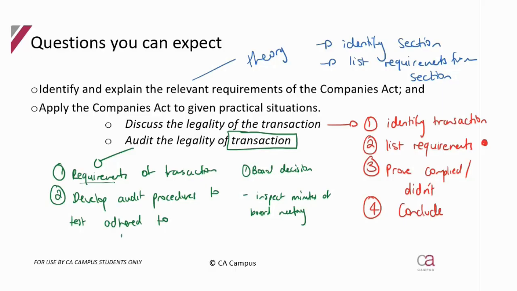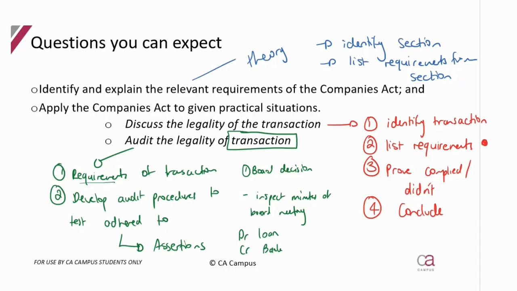When I do this, guys, remember your assertions. Because it's likely the transaction that they're entering into is a transaction that affects the financials. If they're giving a director a loan or financial assistance, I know that there's going to be a debit and a credit to bank and a debit to a loan.